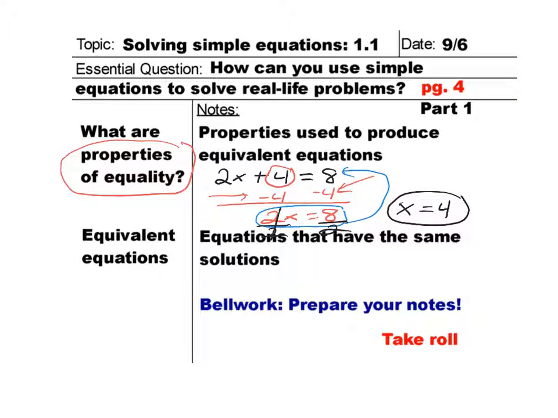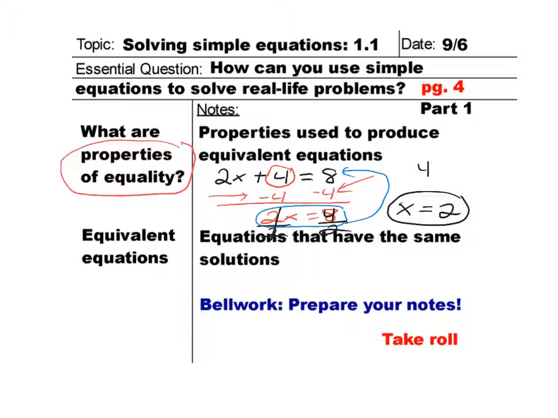And then I can always check it by plugging it back in. Wait a minute. Let's see. I subtracted 4. Oh, sorry. When I subtracted 4, I get 4 here, right? And 4 divided by 2 is 2. So let me erase that. There we go.